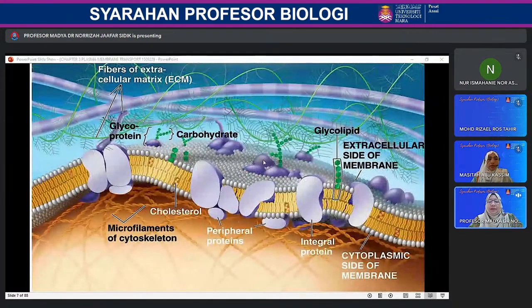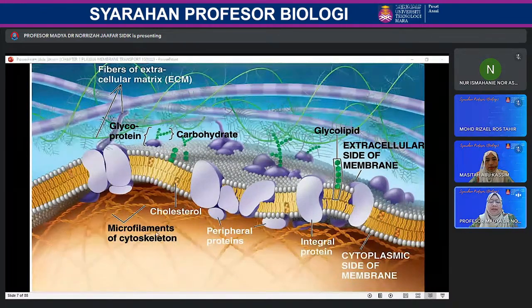If you look here, this shows the components, the organization or structure of the plasma membrane. You can see here the phospholipids, in yellow, which are the main component of the plasma membrane. Then you have the cholesterol here, which lies between the hydrophobic tails of the membrane phospholipids.